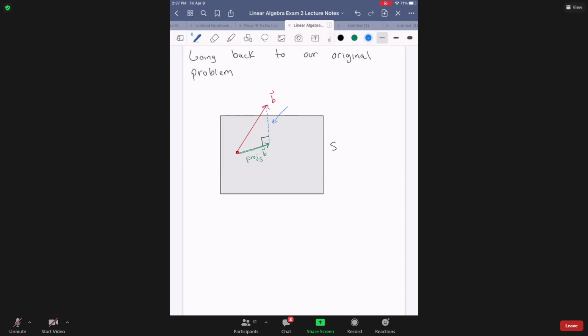That guy would be B minus the projection of B onto S, right? We're almost there. Now all we have to do is translate it to our problem.